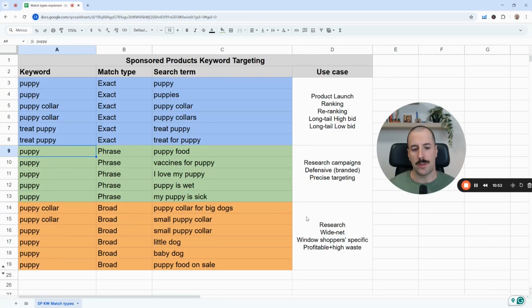Broad match, I want to mention that it can be really profitable, because many advertising managers and brand owners are scared of it, with reason, because it generates huge amounts of single click waste.